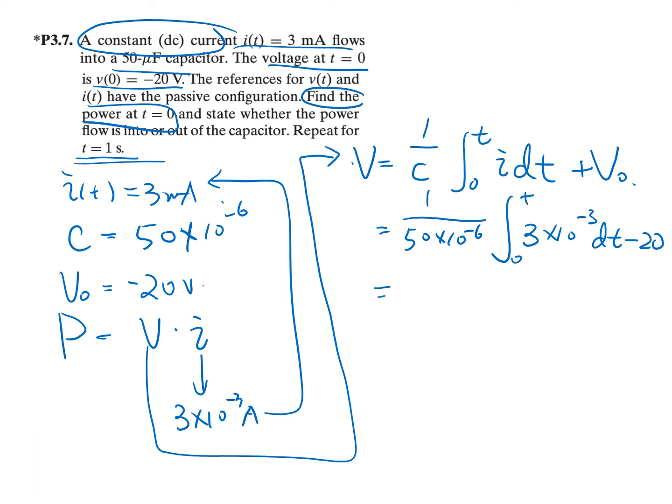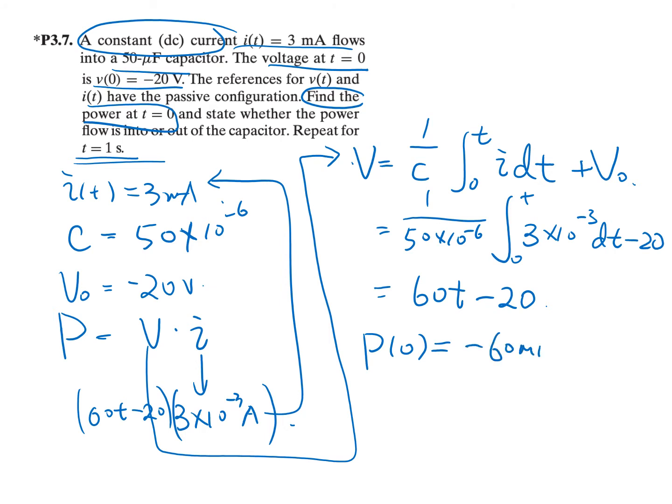And if we simplify this expression, we can get 60t minus 20. So P is (60t minus 20) times 3 times 10 to the negative 3. If we substitute in t equal to 0, we get P0 is equal to negative 60 milliwatts.